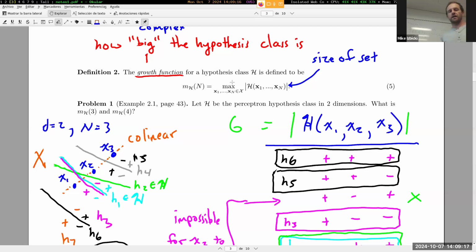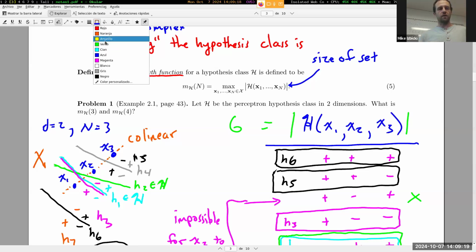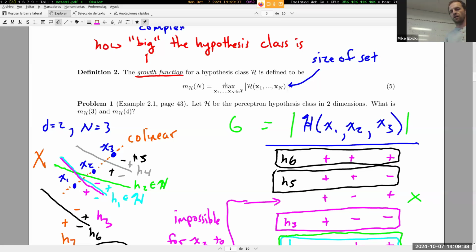And the answer is all buried in this max right here. This max is doing a lot of work because it considers, over all possible data sets, how the hypothesis class performs. So this is somehow thinking like a worst case scenario about our data sets.